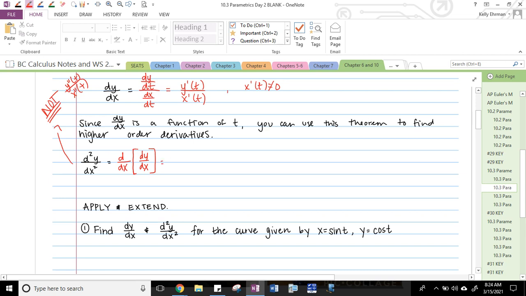Now, we just said in the previous theorem that dy dx will be, so let me write this, d dx of dy dt over dx dt, since we're working with parametric equations. And I can do a little bit of fancy math here, because this derivative with respect to x doesn't get multiplied into the numerator and the denominator. So that's why it's not just the second derivative of y over the second derivative of x.